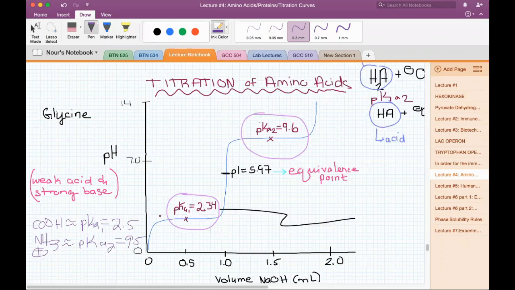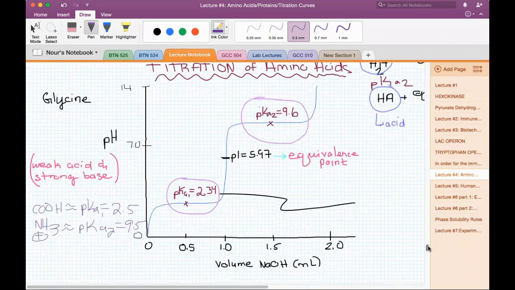And what does it mean when I say pKa? I'm going to discuss that in a second. In this case, the amino acid is a weak acid, and you're giving it strong base. When you add strong base, you're taking away the proton from the carboxyl group.